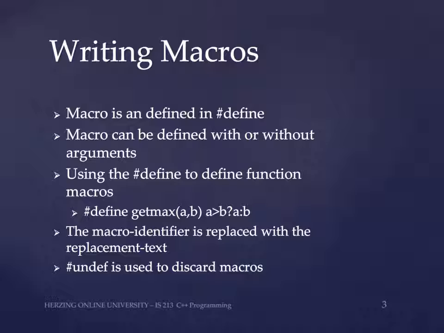In the earlier example about the table size, the macro ends when the undef directive is used, or the end of the file. Notice in this example the directives don't end with semicolons. That's because they are not C++ statements.